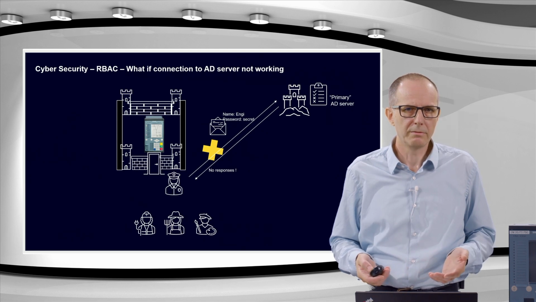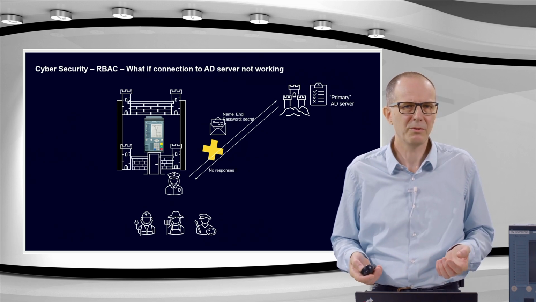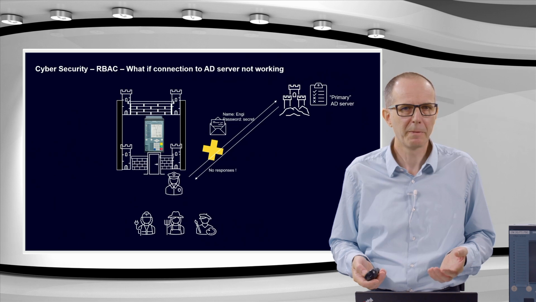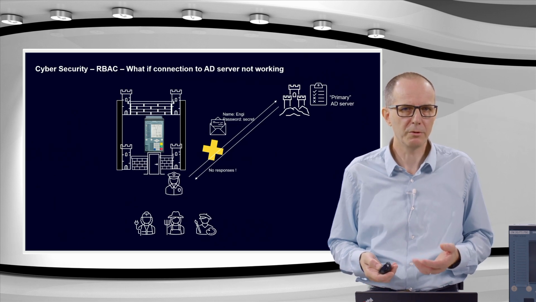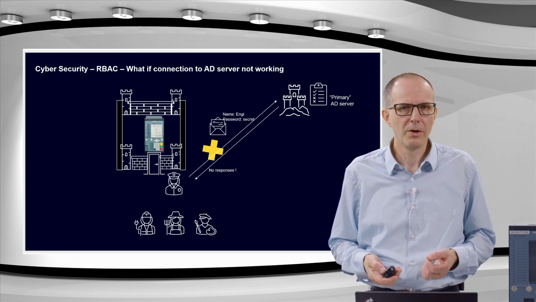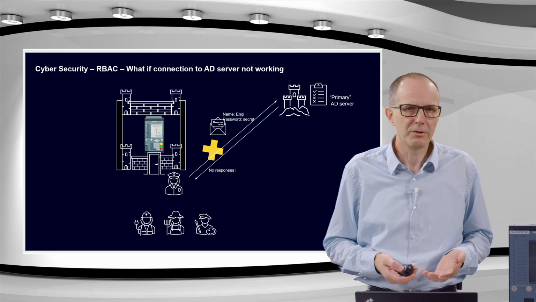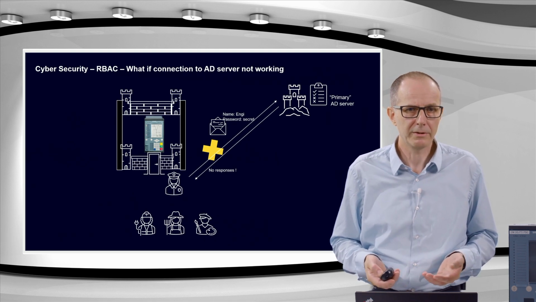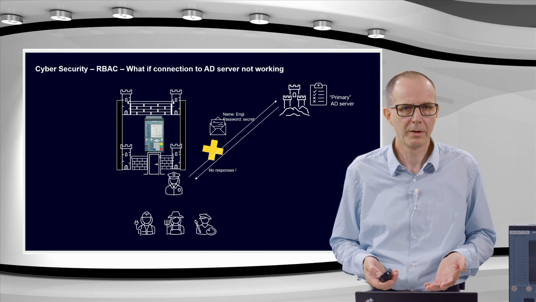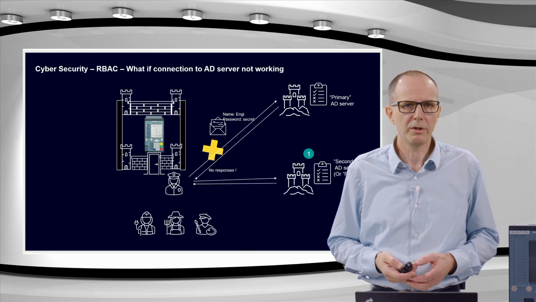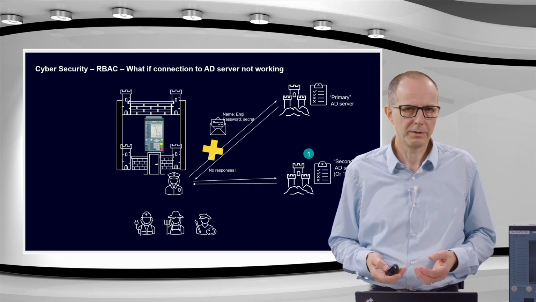Also remember a main principle of OT: availability is much more important. What if the connection to the Active Directory server is not working? First, you have the possibility to define a second Active Directory server.